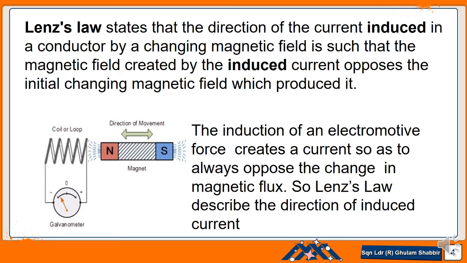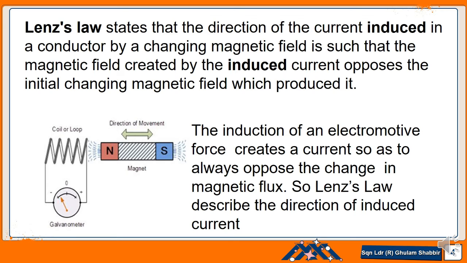So the magnet field and the coil magnetic field should be in such a way that they are opposing each other.